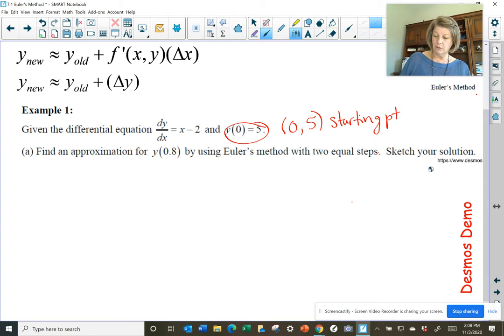solution. So there's a few things I want to do. I'm going to kind of lay this out. Here's how I do my columns. So I'm going to have x, y. Then I'm going to say that my y old plus my slope, you know what, I'm going to do delta x next because that's usually how I lay it out.